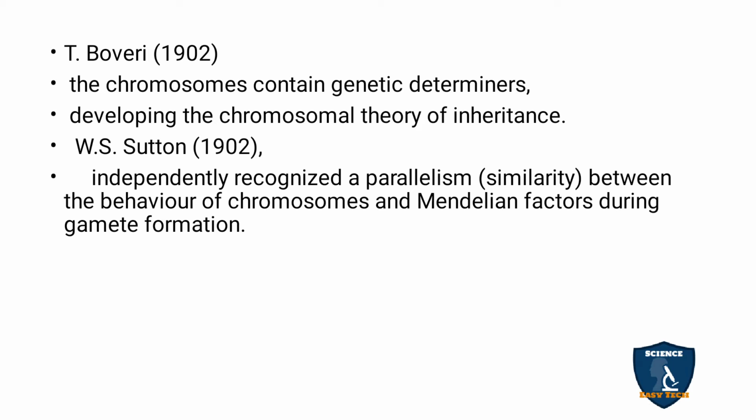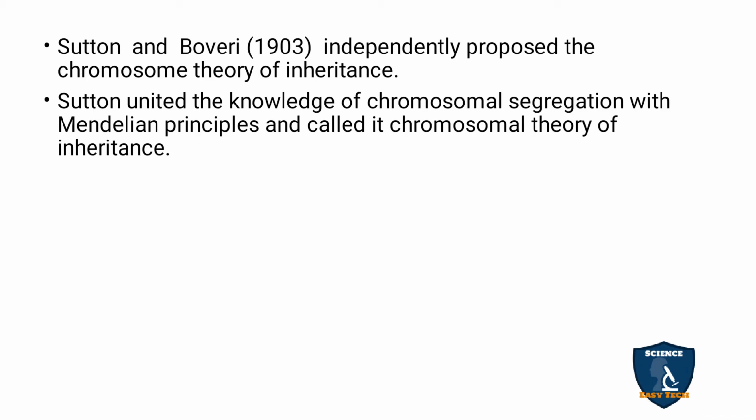W.S. Sutton in 1902 independently recognized the parallelism, meaning the similarity between Mendelian factors and chromosome behavior during meiosis. So Boveri said chromosomes carry genetic information, and Sutton said there are similarities between Mendelian factors and chromosomal behavior during meiosis. Now these two scientists, Sutton and Boveri, in 1903 independently proposed the chromosomal theory of inheritance.